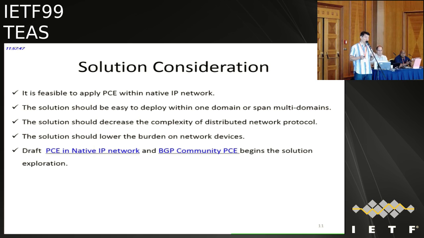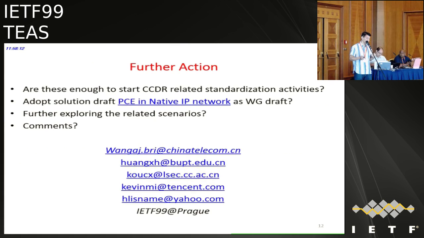And we have submitted two drafts for the solution. One is PCE in native IP network. This draft has been presented several times, and also at the Chicago meeting. Later I will present BGP community PCE as a supplement.